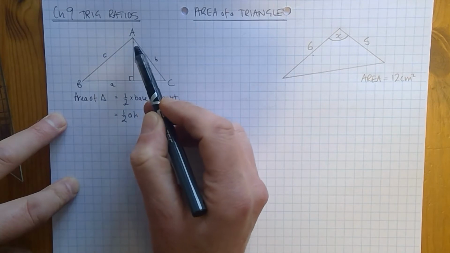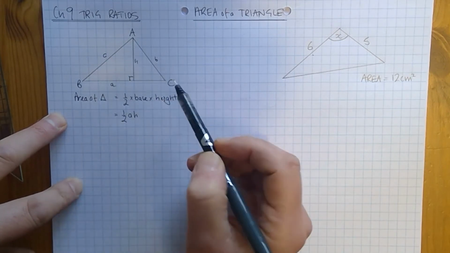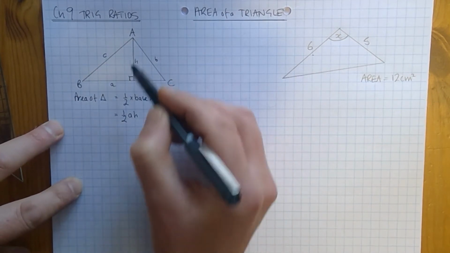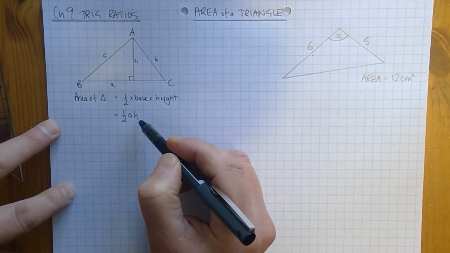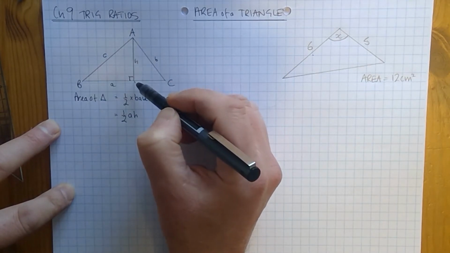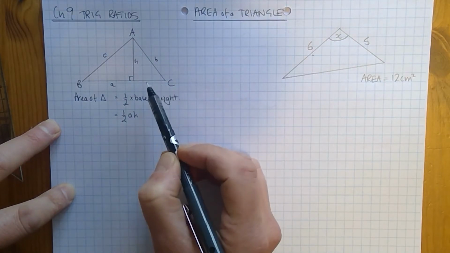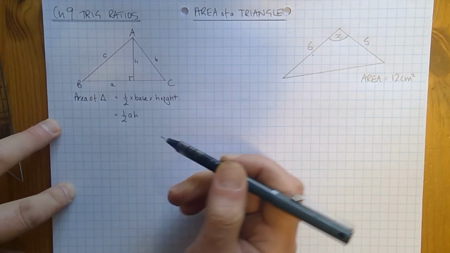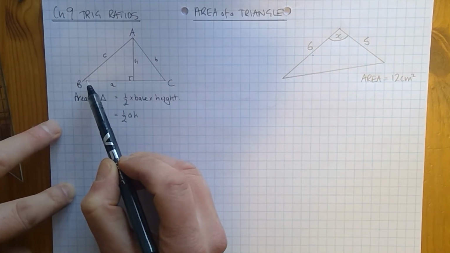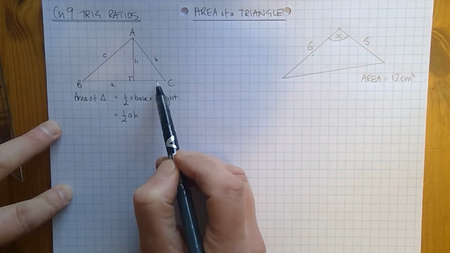But we may not know this perpendicular height here. We may just have information relating to angles and sides. So I don't want this H in here. But this value H, I can work out using our trig ratios. So let's take this angle here.